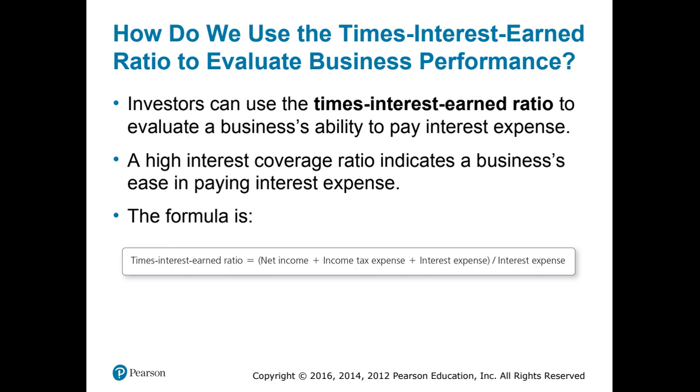A high interest coverage ratio indicates a business's ease in paying interest expense. And the formula for this: times interest earned ratio equals net income plus income tax expense plus interest expense, and we divide all of that by the interest expense, and that's going to give us our times interest earned ratio.